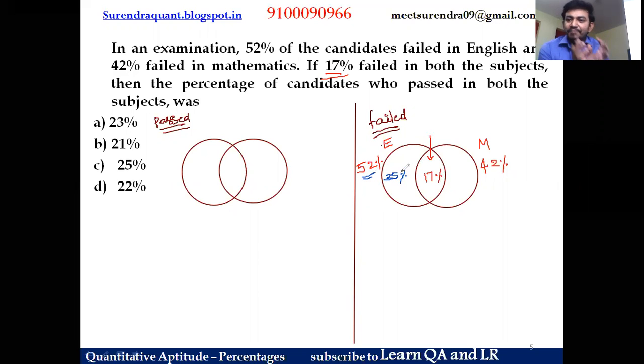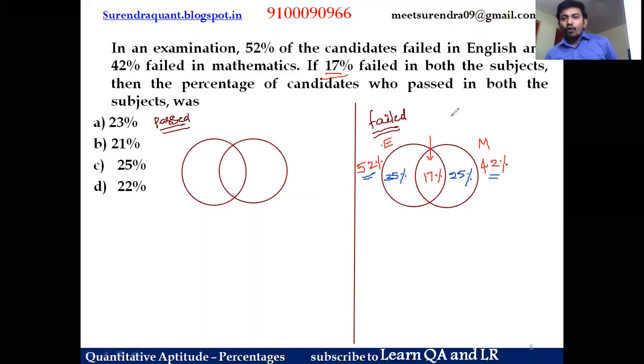Out of these 52% people who failed in English, 17% failed in math as well. So what percent of the students failed exclusively in English? 52 minus 17. Similar argument here. 42% failed in math, but out of 42%, 17% failed in English as well. So what percent of students failed in only math then? 42 minus 17, 25%.